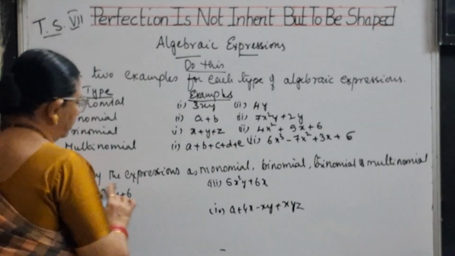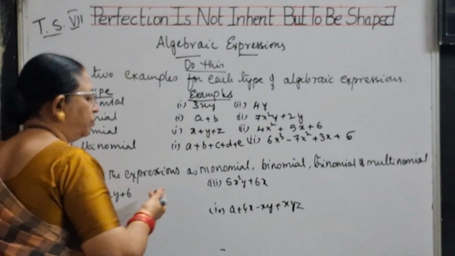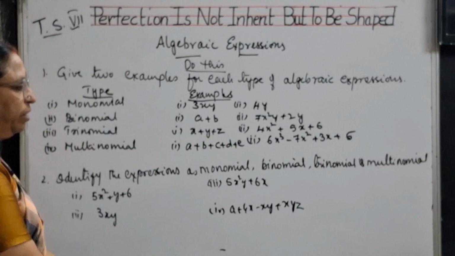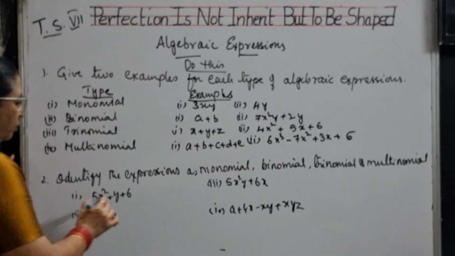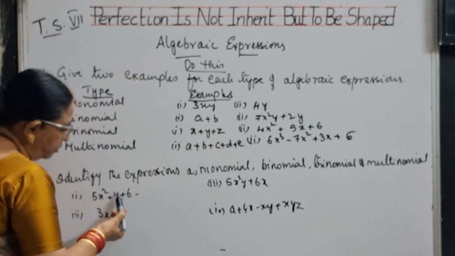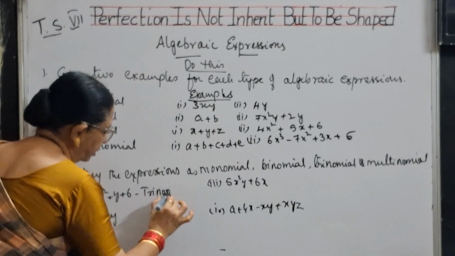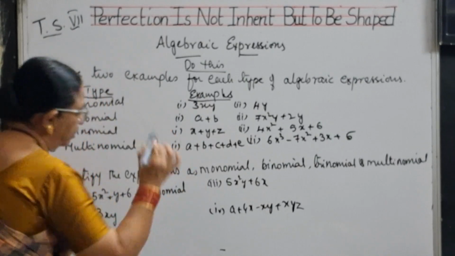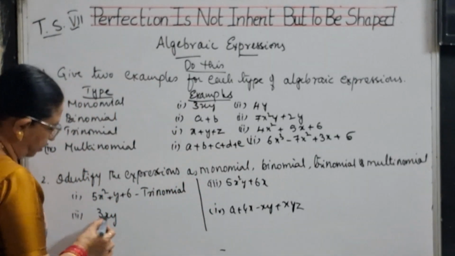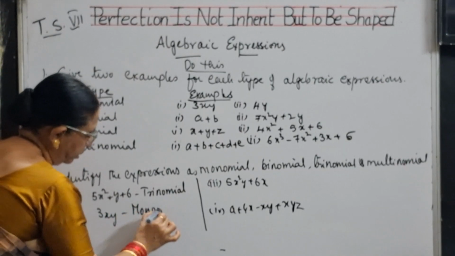Next, the second question is identify. The question here in your book is, identify the following as monomials, binomials, trinomials, and multinomials. So what is this? Count the number of terms: 1, 2, 3. So we call it trinomial. And here you have got only one term, so this is monomial.